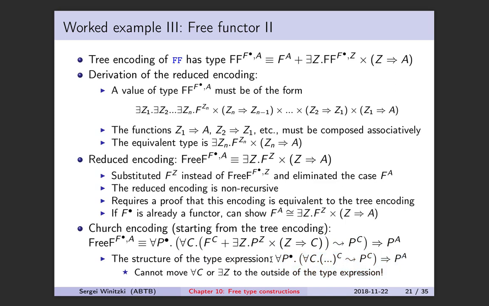You have a type quantifier inside that cannot be moved to the outside. And of course also you cannot move this existential quantifier to the outside. So for this reason, when we write code, we have to take care to hide these quantified types at the right place inside the data structure.